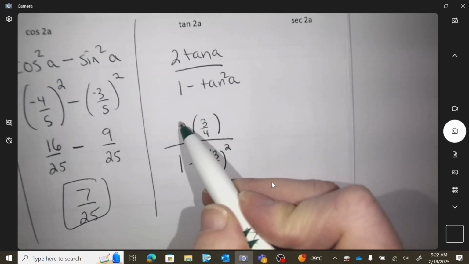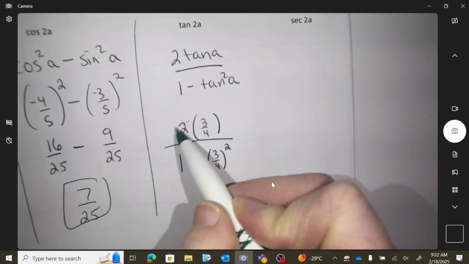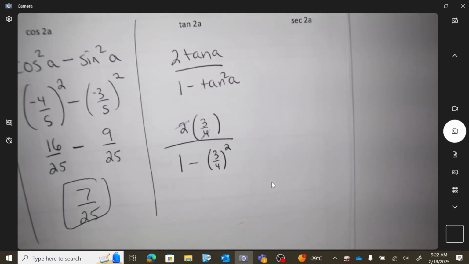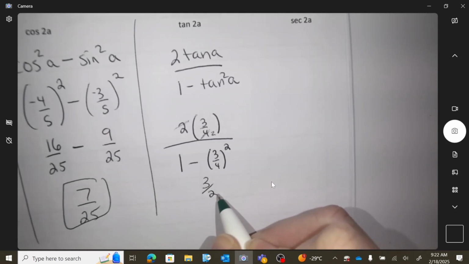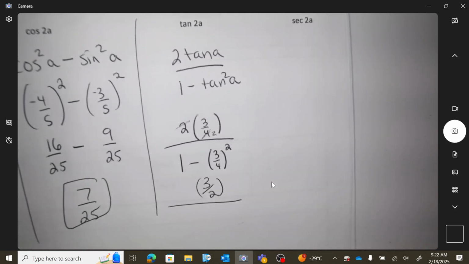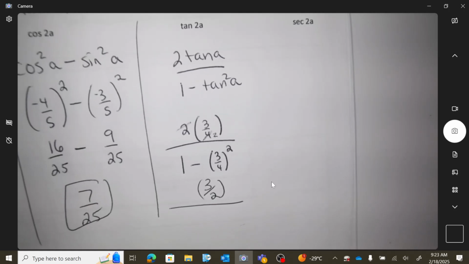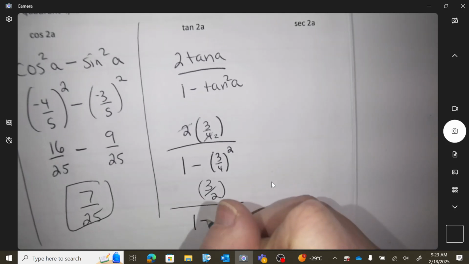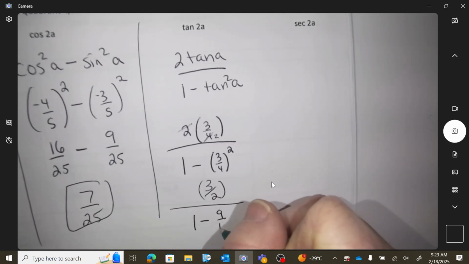Okay, I'm going to work this out. If you're okay, I'm going to cross off 2 and cross off 4 and change it into a 1 and a 2, like that, reduce. So 3/2 instead of 3/4. If I double 3/4, I'm at 3/2. 1 subtract 9/16.